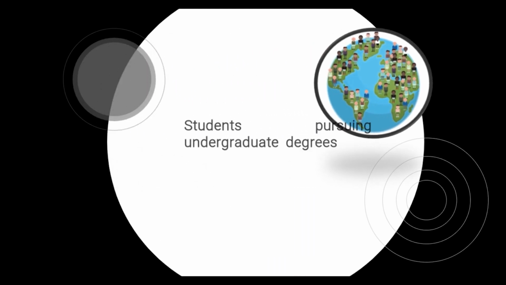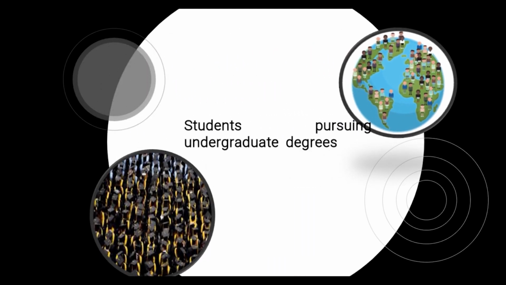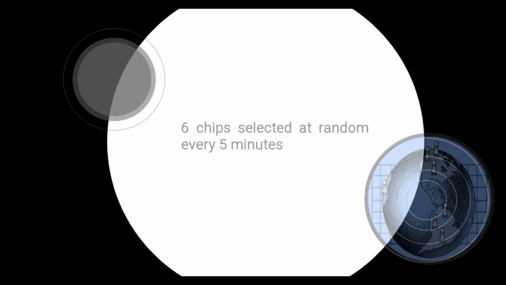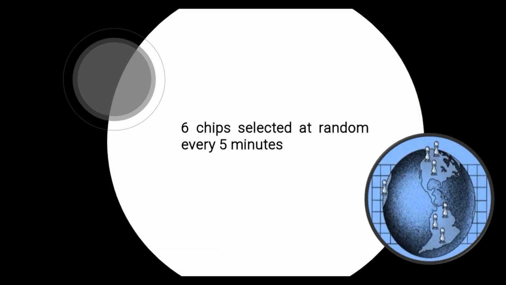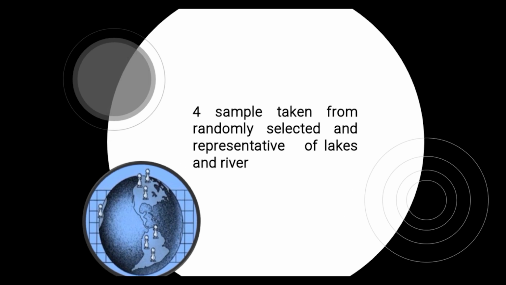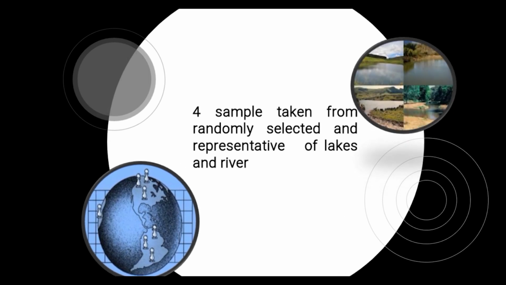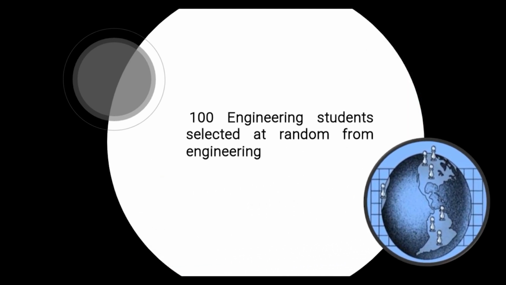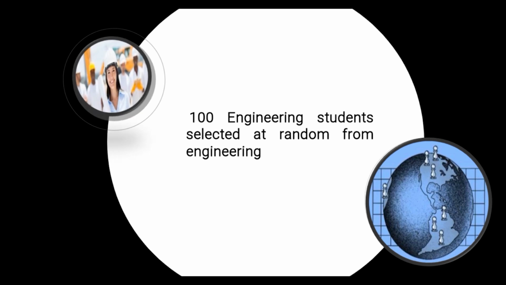And the third example is students pursuing undergraduate degrees. And for the samples, six chips selected at random every 5 minutes. Second example, a sample taken from randomly selected and representative lakes and rivers. And my last example for sample is 100 engineering students selected at random from engineering.